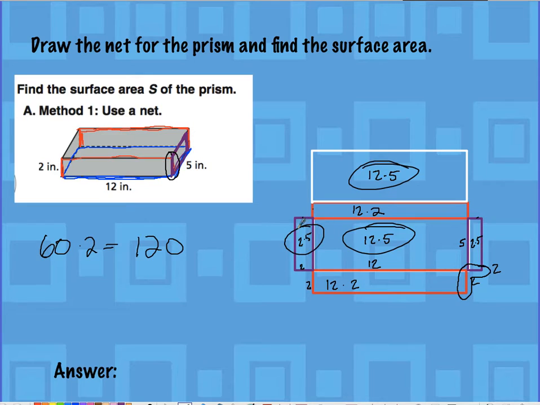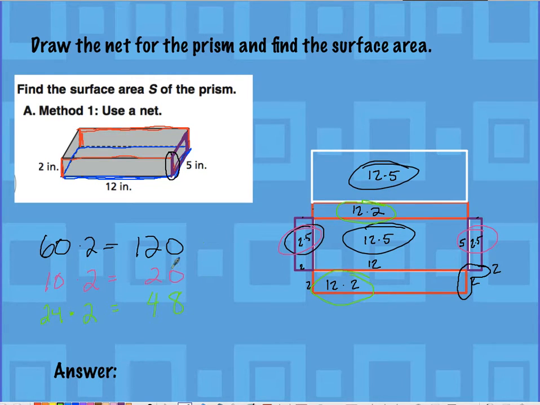And then I have these two, and actually let's do it in a different color, circle it, which give me 10, but there's 2 of them, so that gives me 20. And then I also have these two, which give me 24 times 2, which gives me 48.